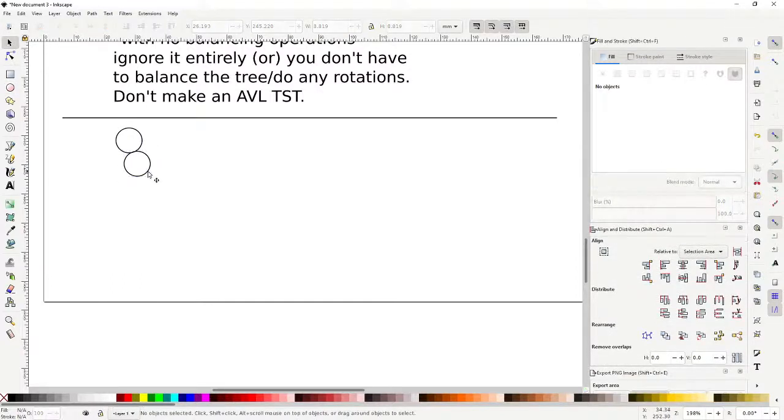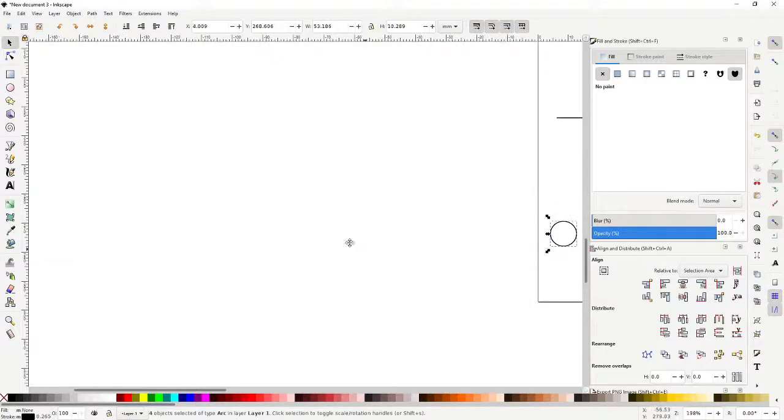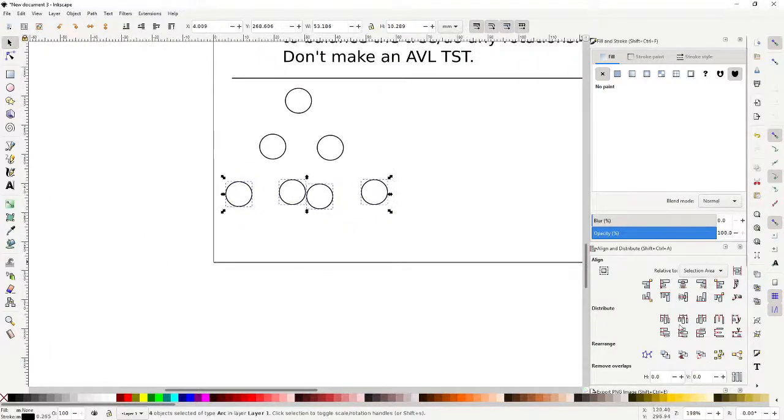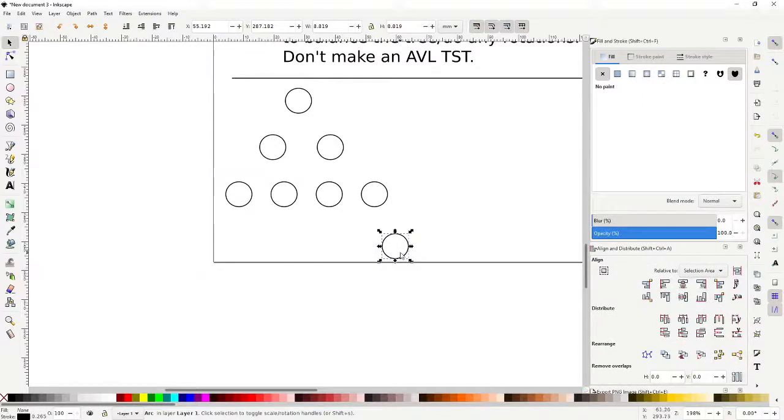Let's draw out some kind of tree structure. Doesn't matter how well it's aligned. And then maybe I'll even put in 2 more nodes, maybe here and here.